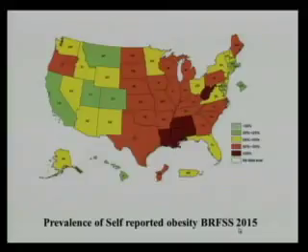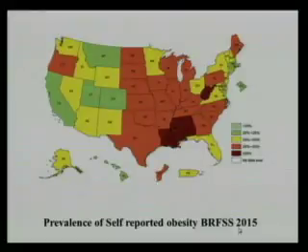So let's look at the prevalence we have in the US. That's from the BRFSS data that came out in 2015, of prevalence of self-reported obesity. The darker the color, the more obese the population. Sad to see that 4 states have more than 35% obese population, and even more sad to see that our state is one of these four. You can see Louisiana, Mississippi, Alabama, and West Virginia are the four states with more than 35% prevalence.